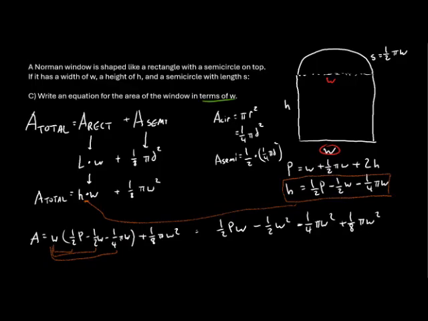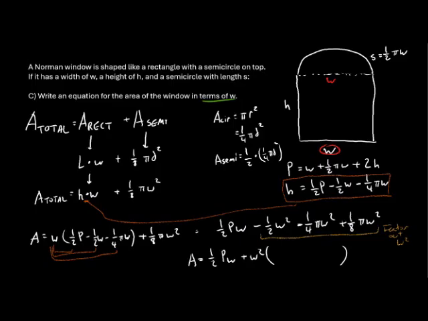To simplify a little bit further, we can look at all the terms that have w squared and factor out w squared. When we factor it, we now have area equals 1/2 pw plus w squared times the parentheses.